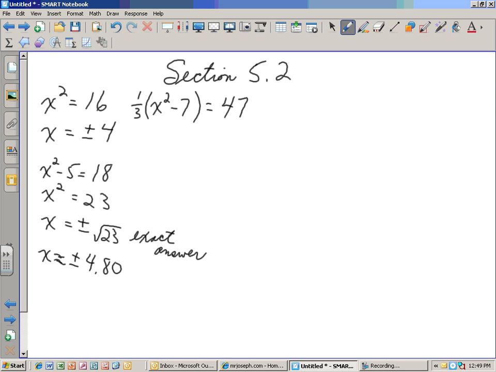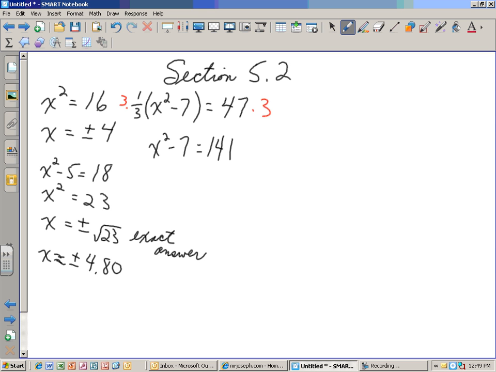Then you've got to deal with fractions. But if you get rid of that fraction by multiplying both sides by 3, 3 times 1/3 is 1, and we're just left with x squared minus 7 equals, and then 47 times 3, 141.